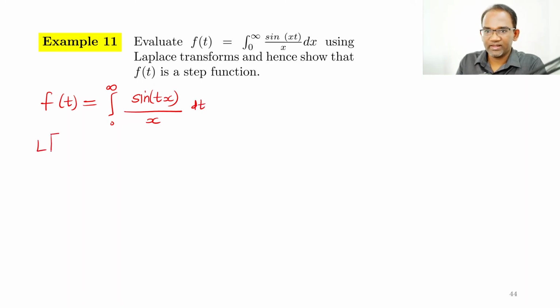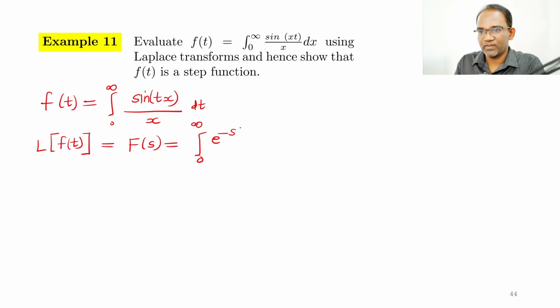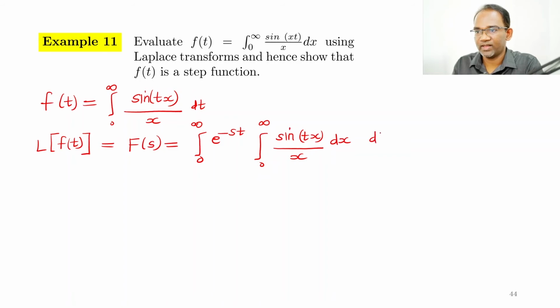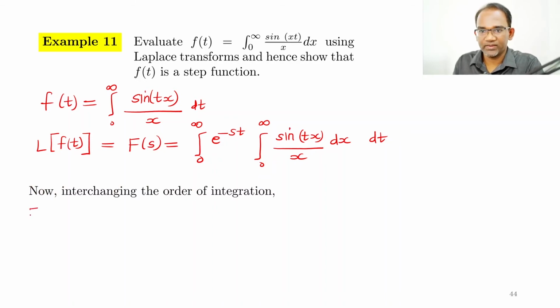When we take the Laplace transform of f(t), this is nothing but F(s), and this is equal to integral 0 to infinity e raised to minus st, integral 0 to infinity sin(tx) over x times dx, and then we have a dt. The next step will interchange the order of integration, so that F(s) is equal to integral 0 to infinity 1 over x then dx.